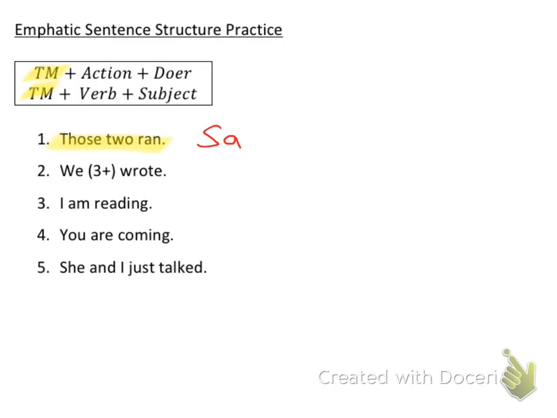And then the next thing that I need to worry about is my action, or my verb. In this sentence, my action is ran. The word for run in Samoan is tamoe. Okay, sa tamoe. And then the last thing that you need to worry about is the doer, or the subject.